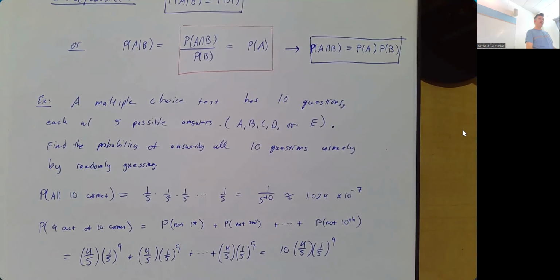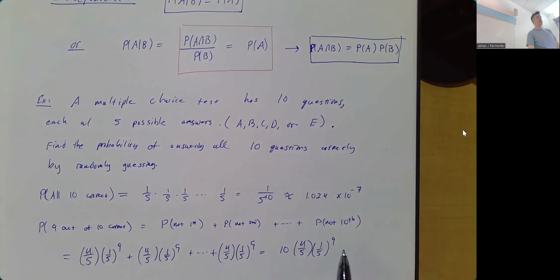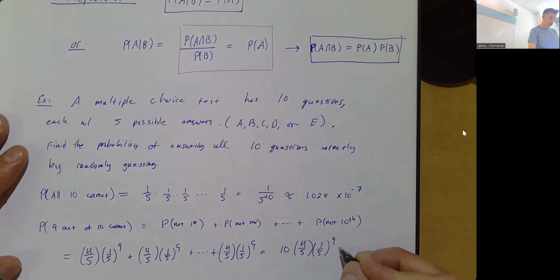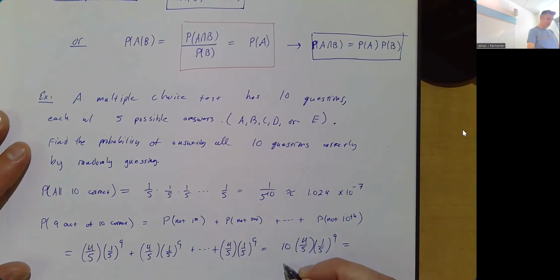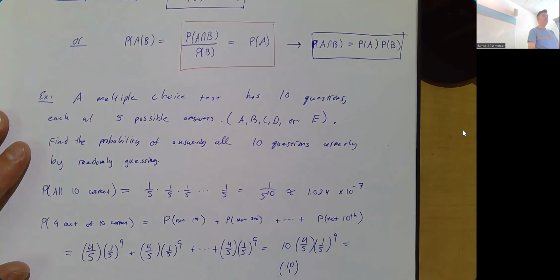And so do any of you still have to take stats? Okay, so when you get to the binomial distribution, you're going to be seeing this. I would write this out as 10 choose 9, because I want 9 successes.